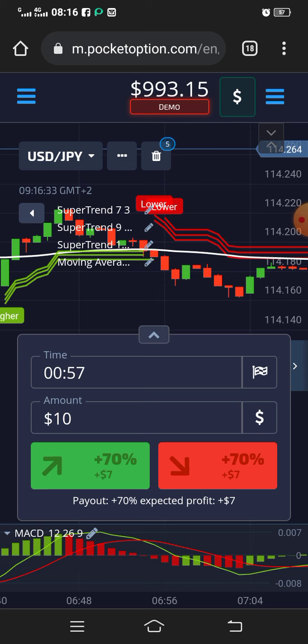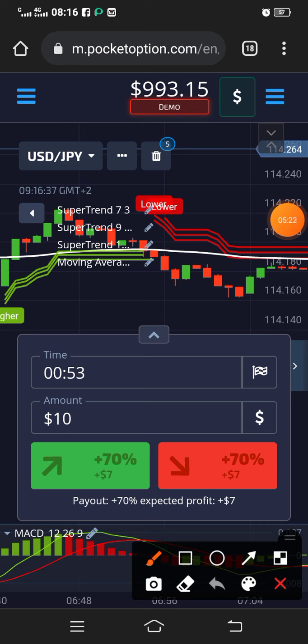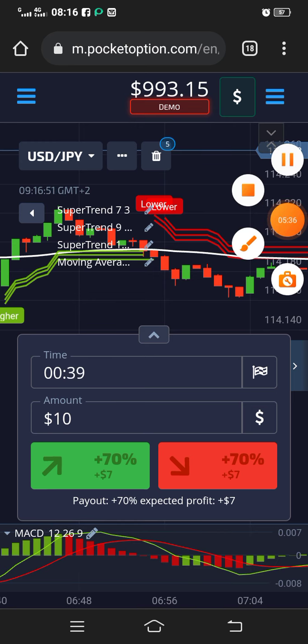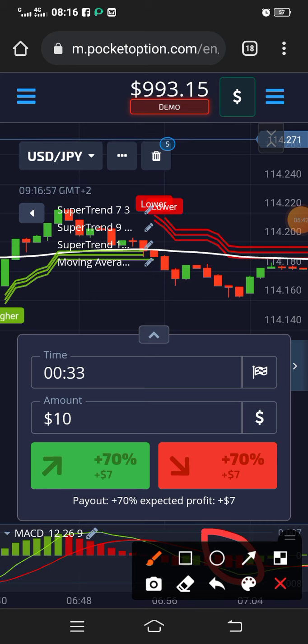Let me show you what I'm saying. For a buy, your MACD green candle is like this. It's up on top of the line. But for your sell position, the red candle will be under the line, and the red line will be above the green MACD line.